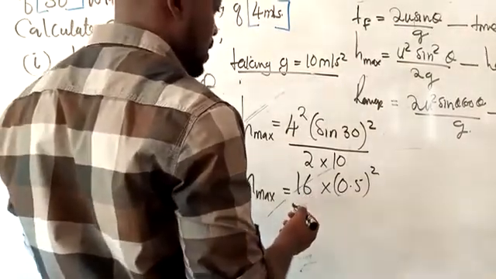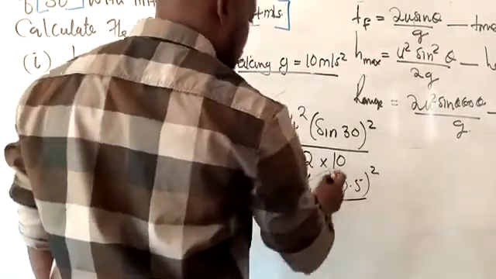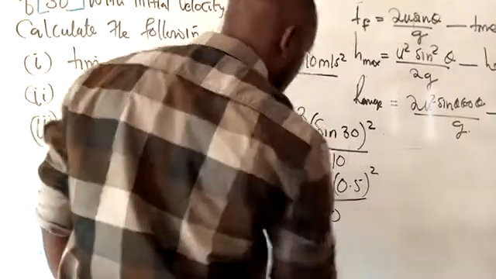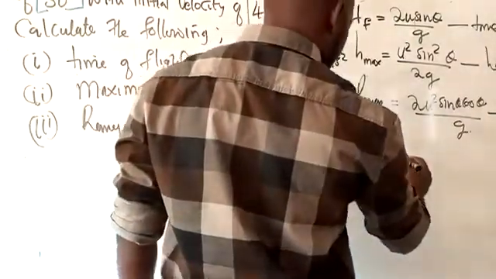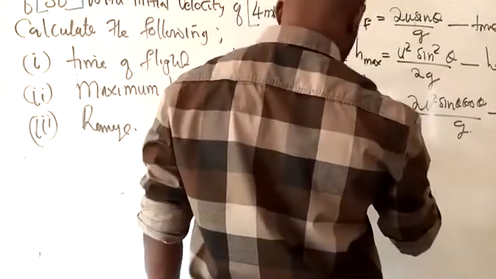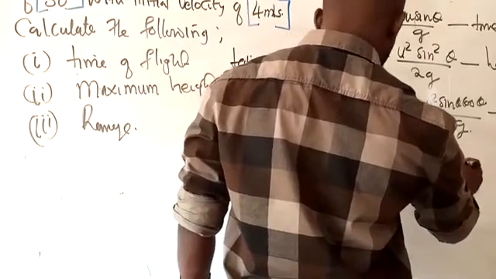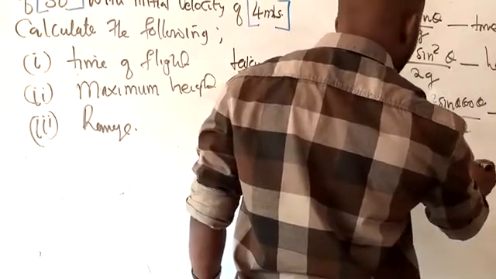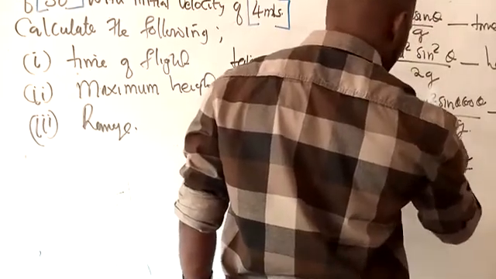0.5 squared is actually a quarter. Okay, so this is 20. So in that case, we have 16. It's same as saying h max is equal to 16 multiplied by 1 over 4, divided by 20, which is 4 times.